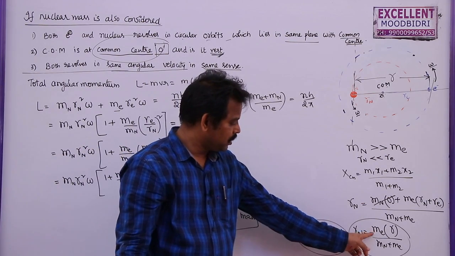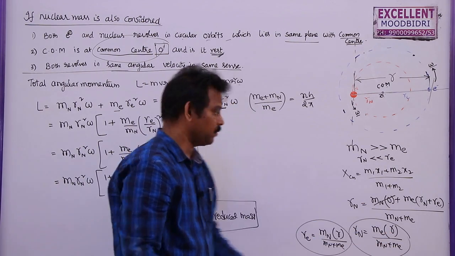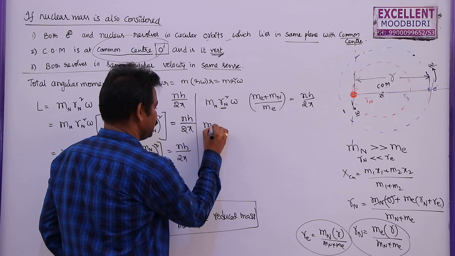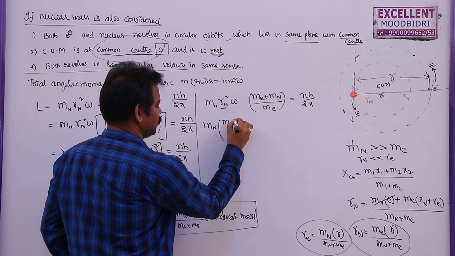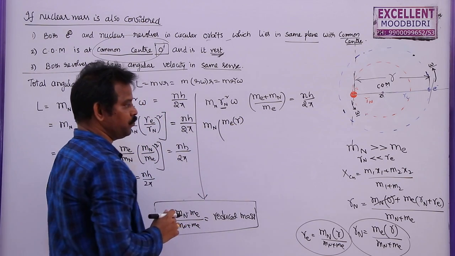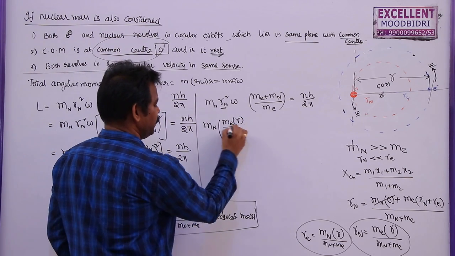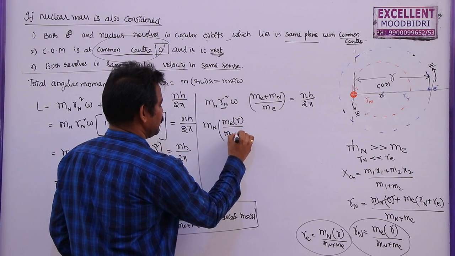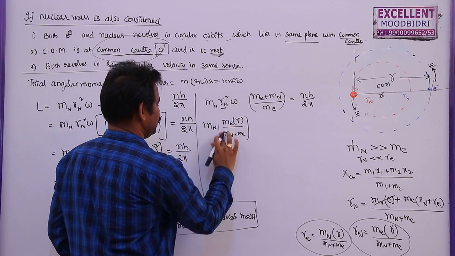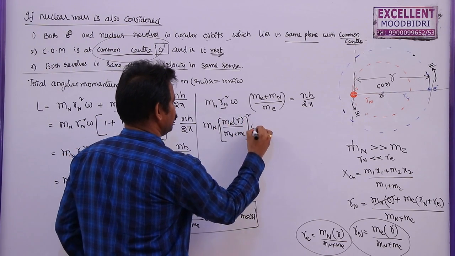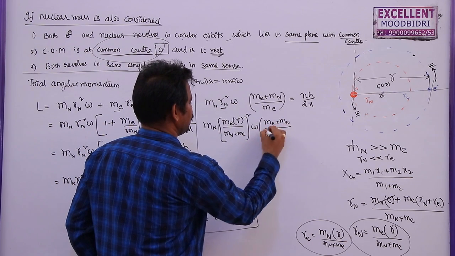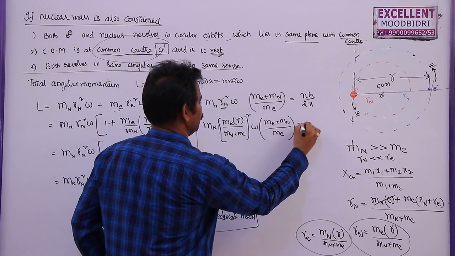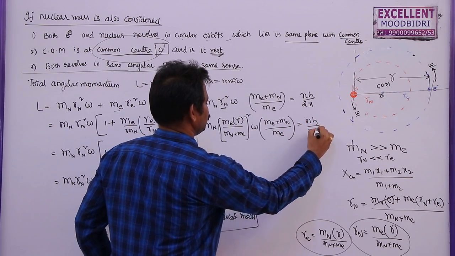That is nothing but me into r by mn plus me. So let me take mn as it is, but rn is mass of electron, distance between electron and nucleus, by mn plus me, whole square, into omega into me plus mn by me is equal to nh by 2 pi.